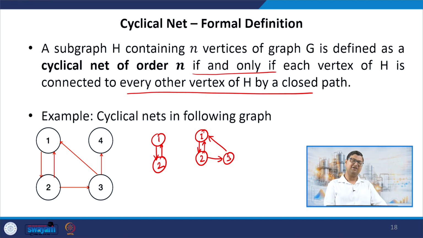In the first subgraph, I can go from 1 to 2, I can come back to 1, so it's a closed path. In the second subgraph, I can go from 1 to 2, 1 to 3, I can come back to 1, and the same thing I can do for 2 and 3. So from every vertex, I can visit every other vertex. That is the definition of the cyclical net.